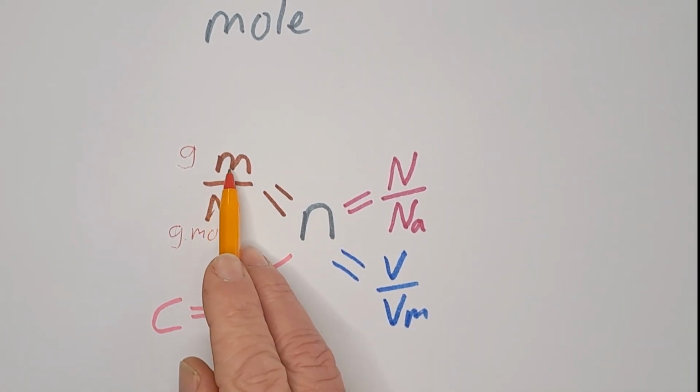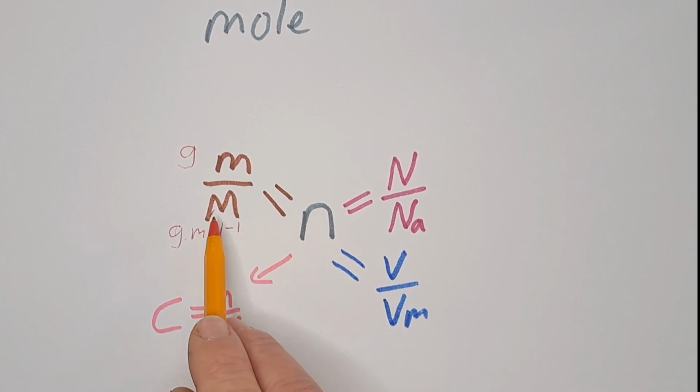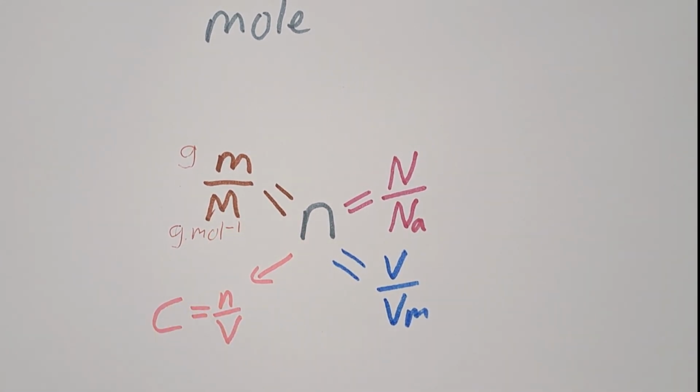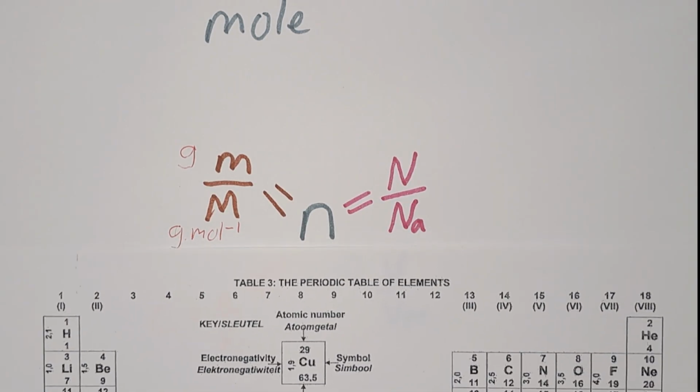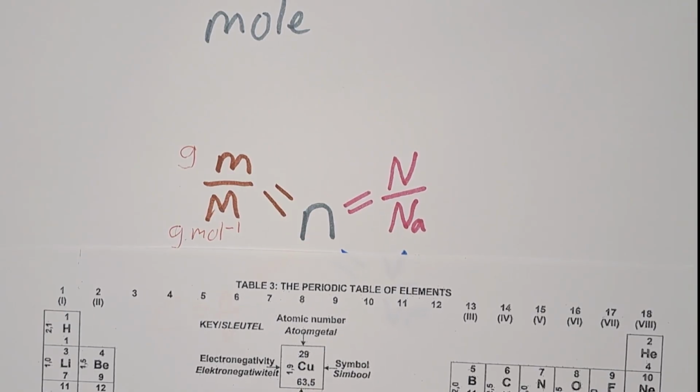So that is usually a given. If not, mole will be a given, or you have to calculate it. And then the molar mass itself. The molar mass is where we're going to need our periodic table. So usually it's the bottom number, which is the relative atomic mass number, the bottom number there.